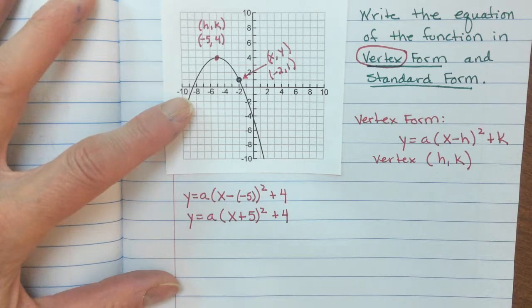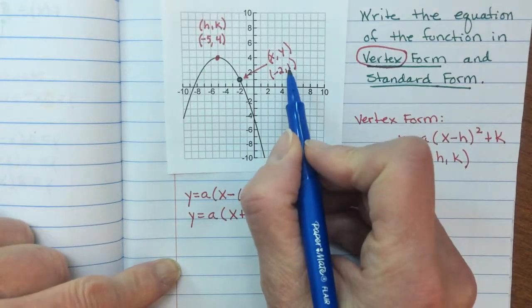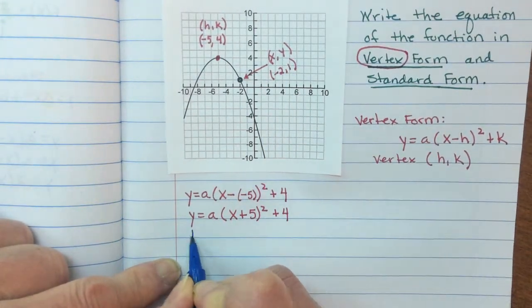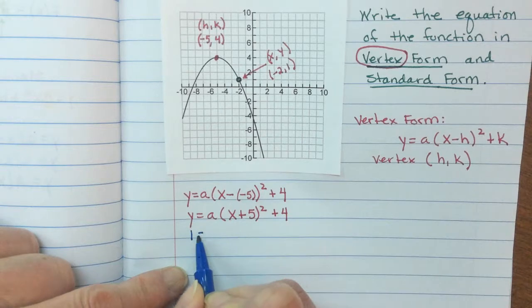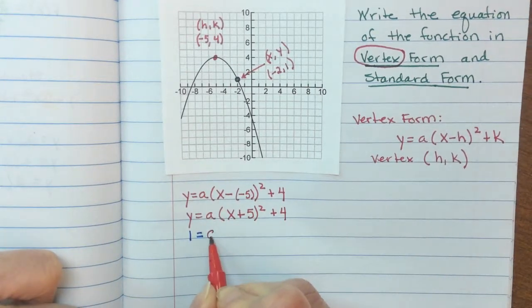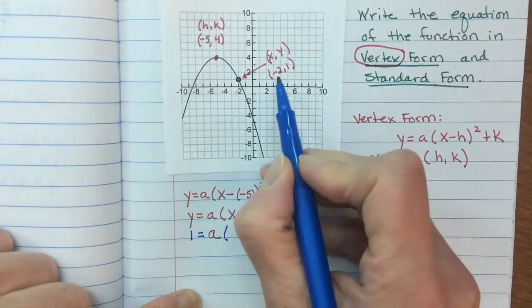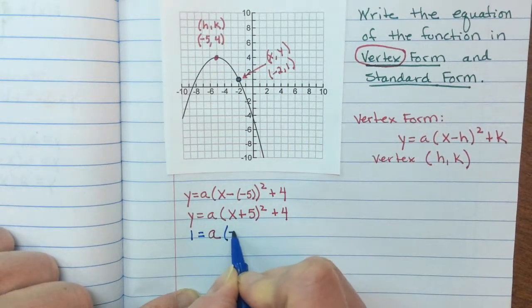So let's go ahead and do that. So my y, be careful, my y is 1, and I'm solving for a. So I'm going to leave a in red. And my x is -2.